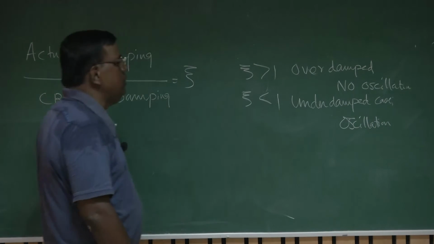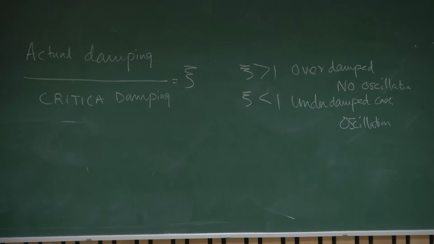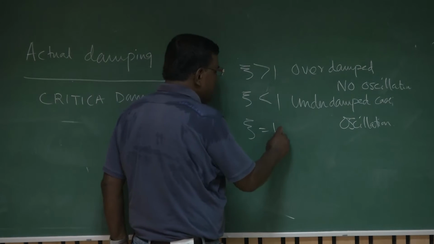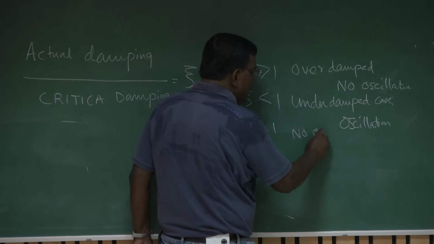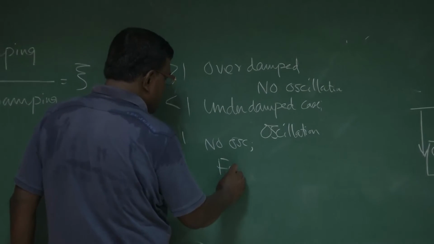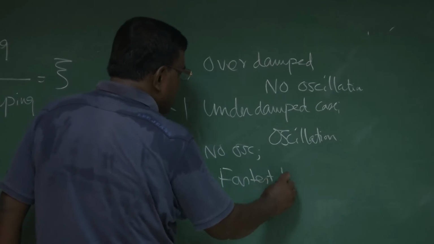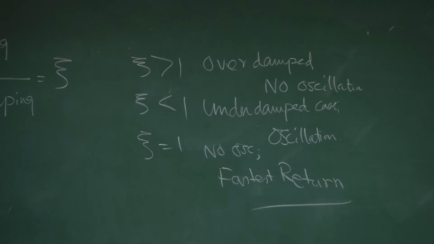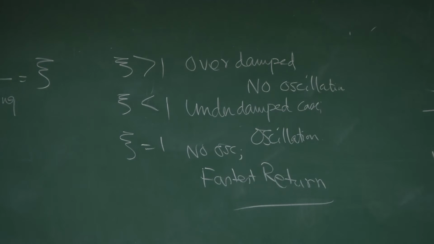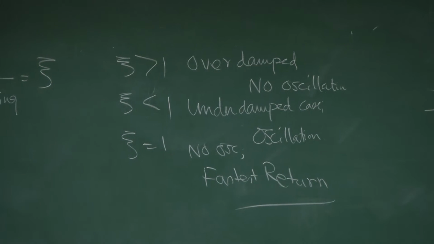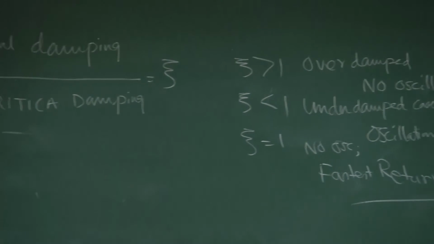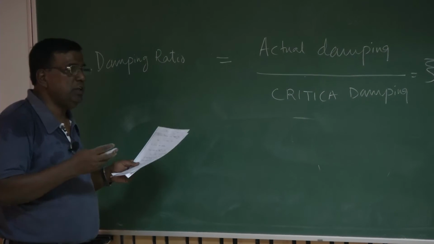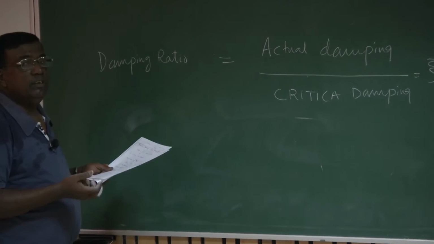And of course, it goes without saying, if zeta equal to 1, again there won't be any oscillation, and it will have the fastest return to equilibrium. So this is important. This damping ratio has drawn a lot of importance, and that is why there's a need to understand this ratio and the meaning of this magnitude.